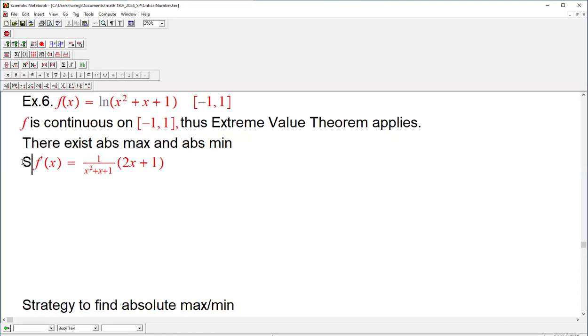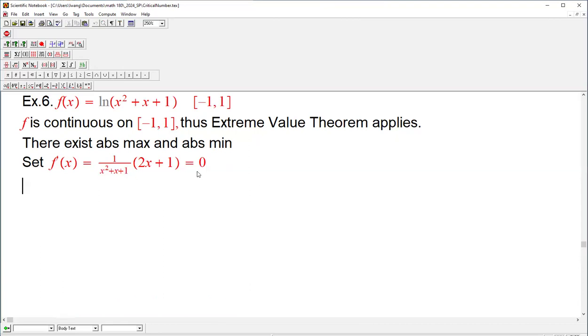And we set it equal to 0. The denominator is never going to be 0, so 2x plus 1 equals 0. So the critical number is x equals -1/2. -1/2 is in the given interval.